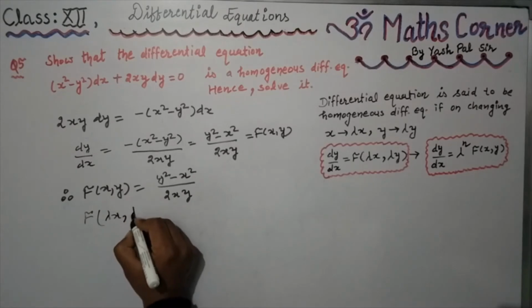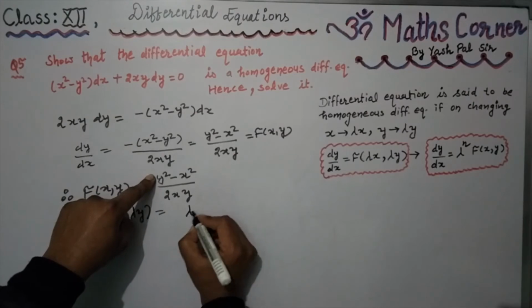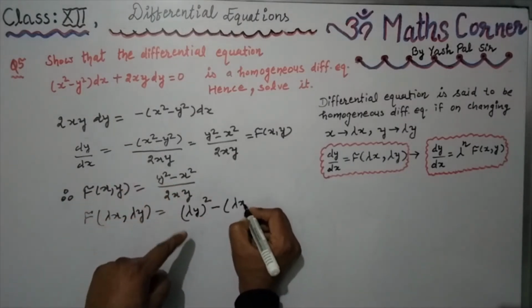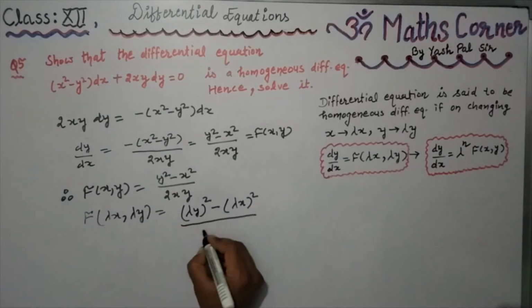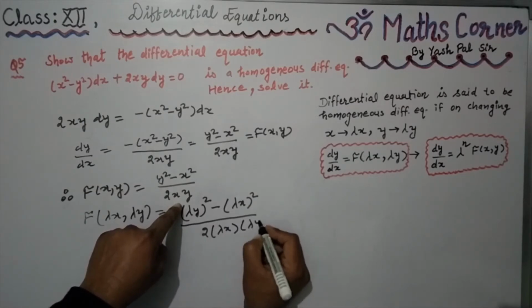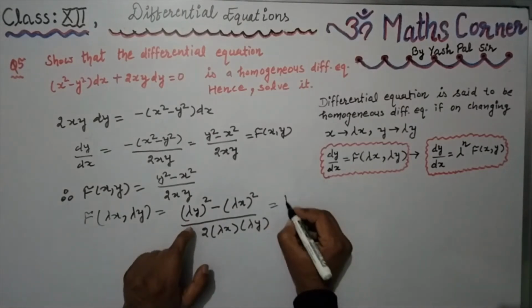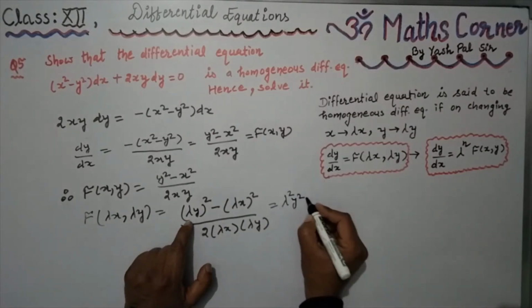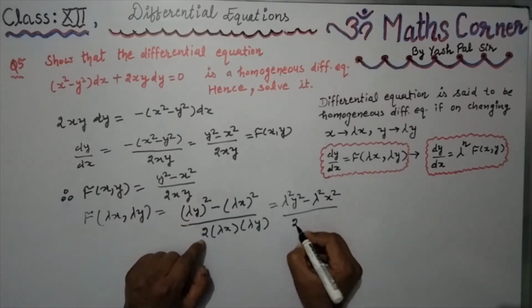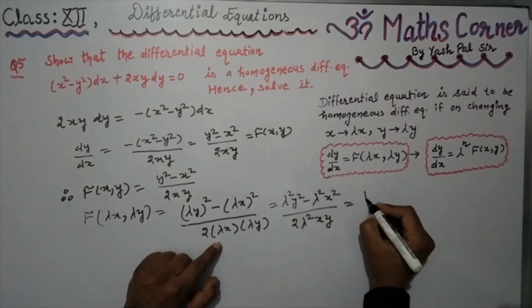Now converting x into λx and y into λy, the right hand side also becomes ((λy)² − (λx)²)/(2·λx·λy), so this becomes (λ²y² − λ²x²)/(2λ²xy).